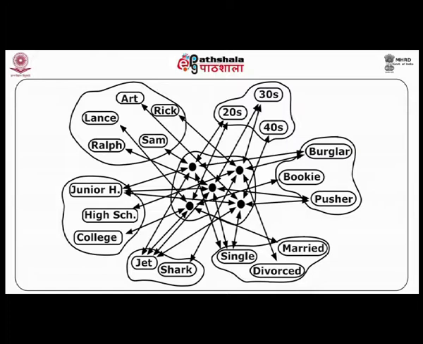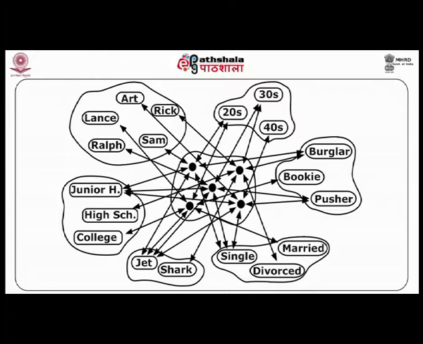All of the characters and attributes are connected in a mutually excitatory network. If the network is working well, that is, if connections between units are well practiced and established, then we can retrieve the properties of a given individual.